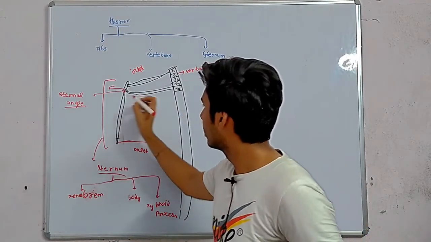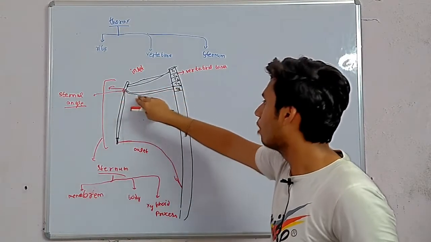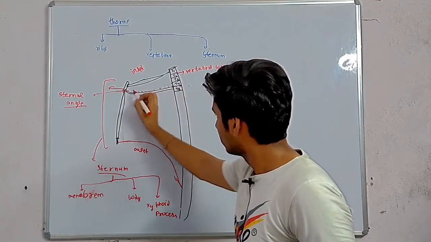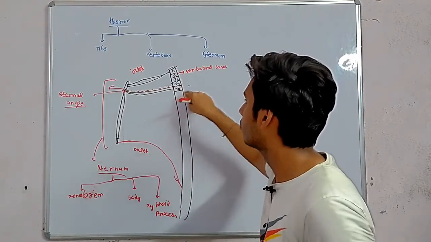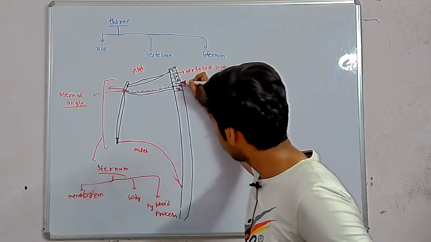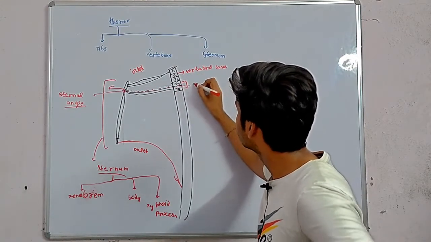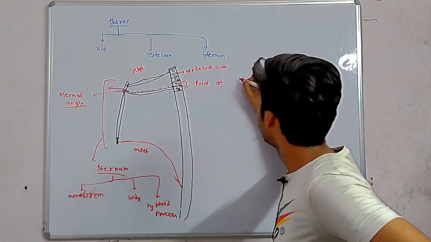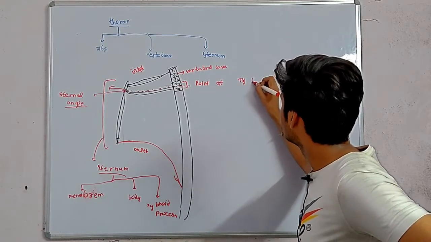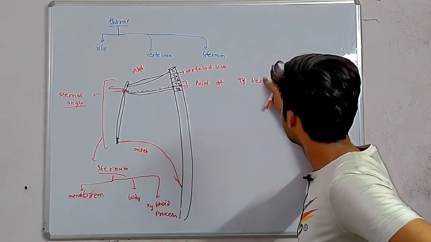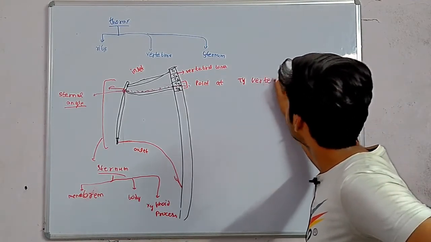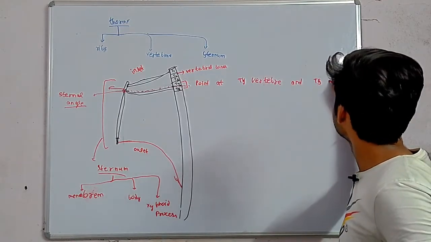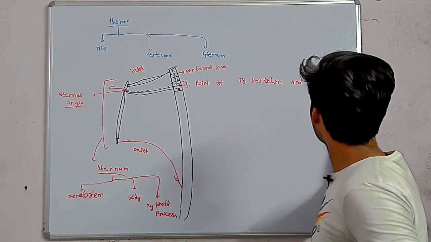Okay, thorax. So behind this, on vertebral column, just behind this end, if we make a small line from this to the vertebral column, then we get a point at which T4 vertebra and T5 vertebra intervertebral disc.